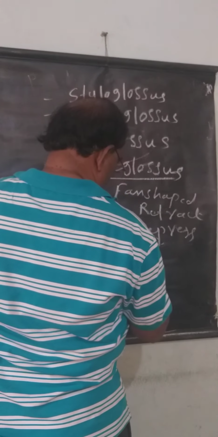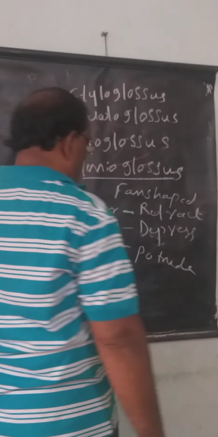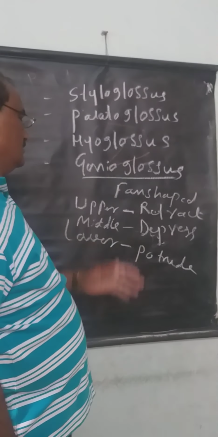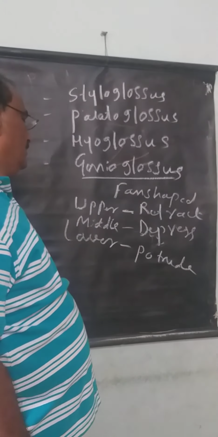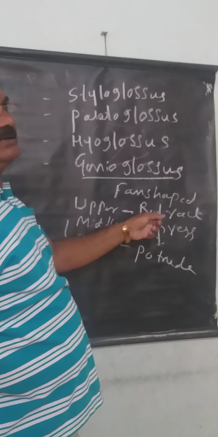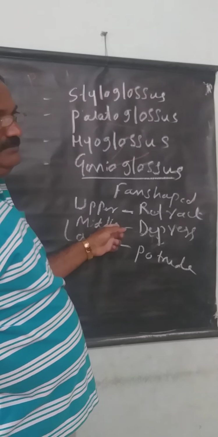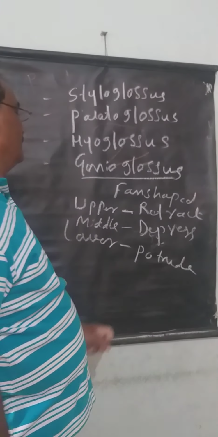Lower fibers will protrude the tongue. It has three types of fibers. Genioglossus is a fan-shaped muscle.